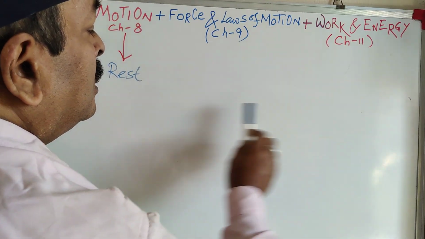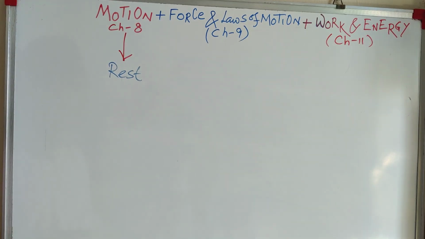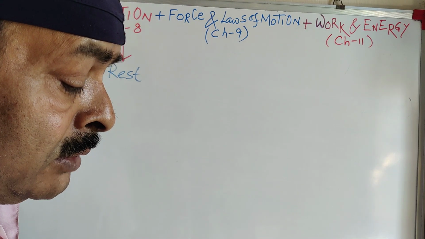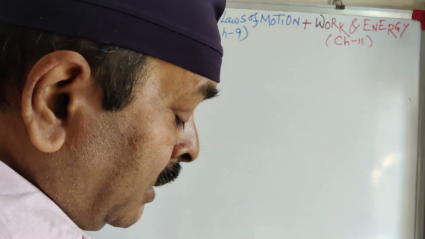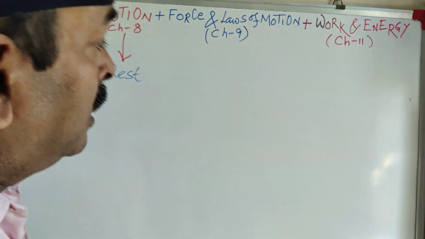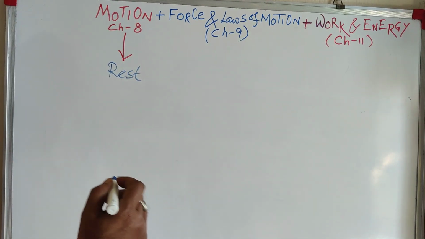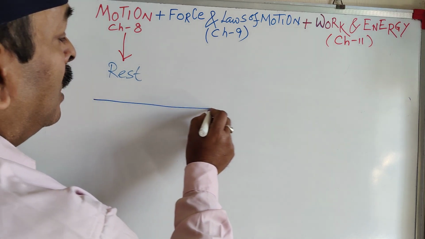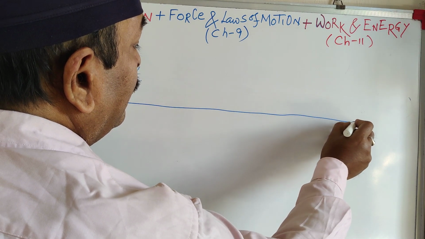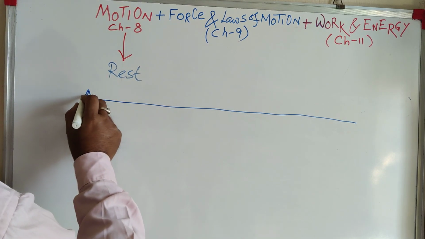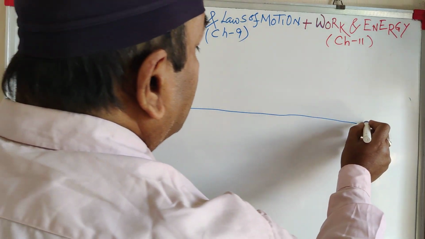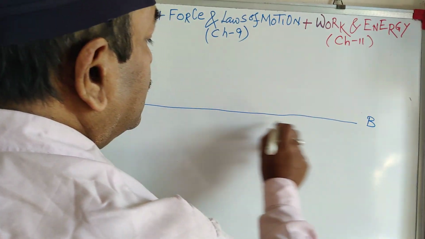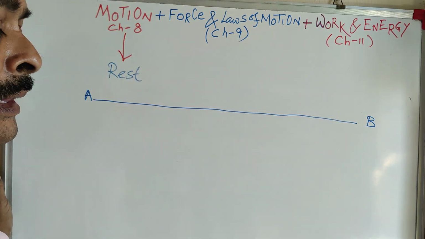Then I will call this pen in motion. When it is changing its position, that is motion, and it describes some distance. Suppose it was at position A and now it has come to position B, so it has described some distance.